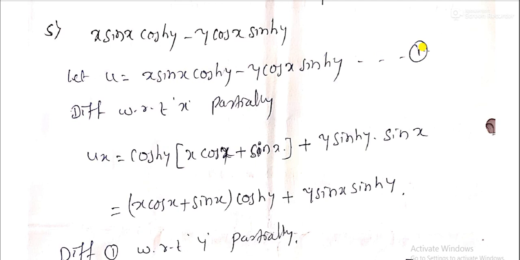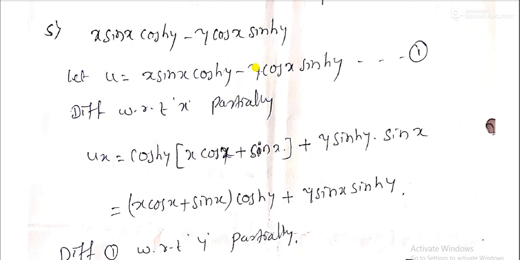Now differentiate with respect to x partially, this is u_x. Here x is the variable, y is constant, so cosh y is written as it is. Apply the u into v rule: x into sin x, write as it is, the differentiation of sin x is cos x, plus sin x written as it is, and the differentiation of x is 1.